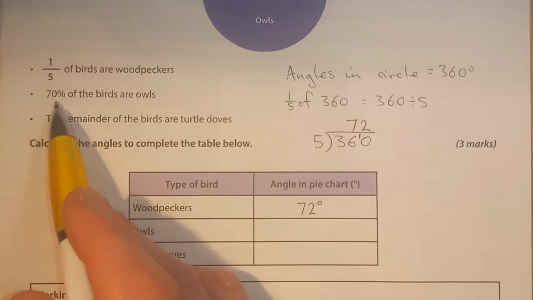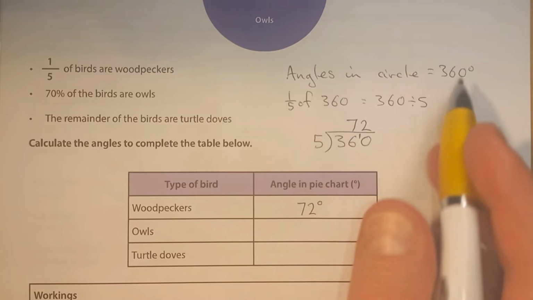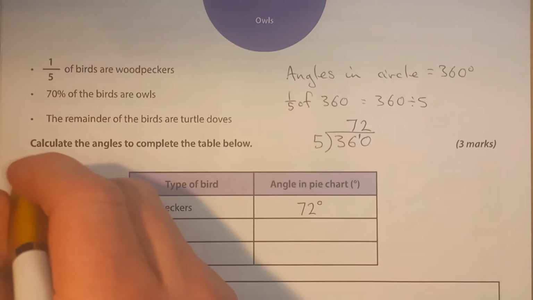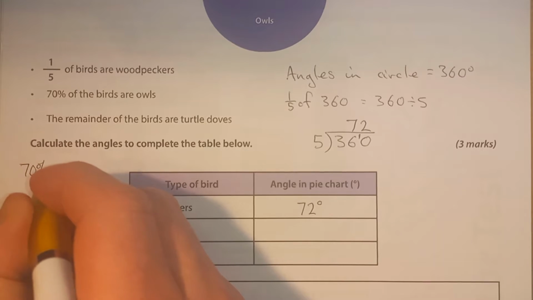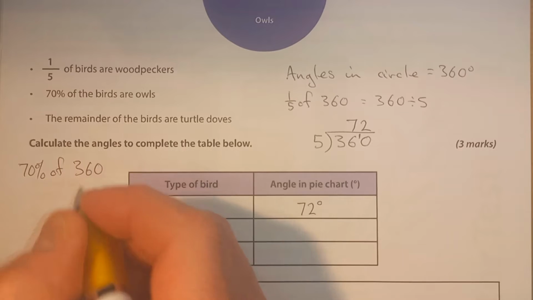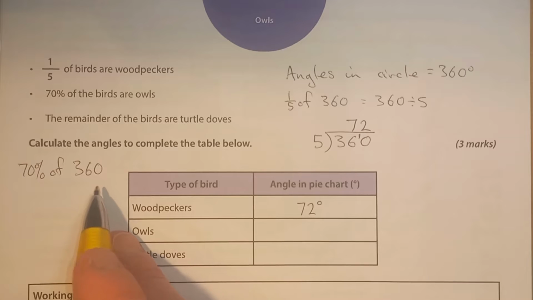Now, we've got 70% of the birds are owls. Again, the total number of angles is 360 degrees, so what we're saying is 70% of 360. That's what we want to work out. There are different ways we can do this.